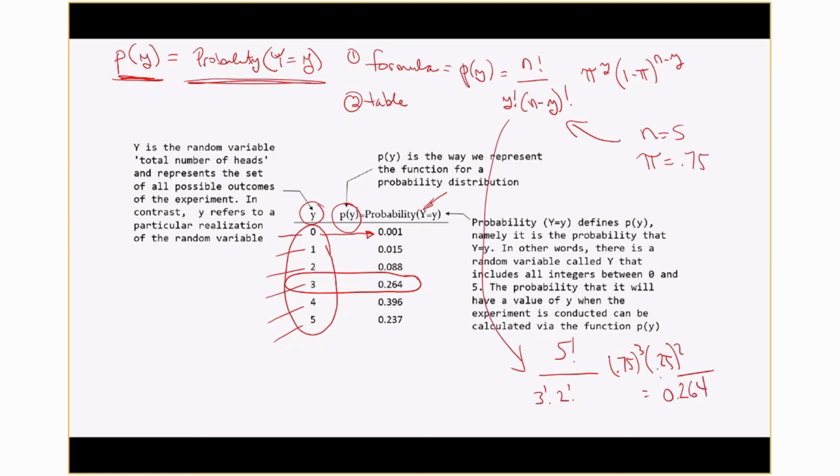So 0.264 represents the probability, coming back up here, that our random variable y, which might be any one of these different numbers, actually turns out to be the value of 3 when we do the experiment.